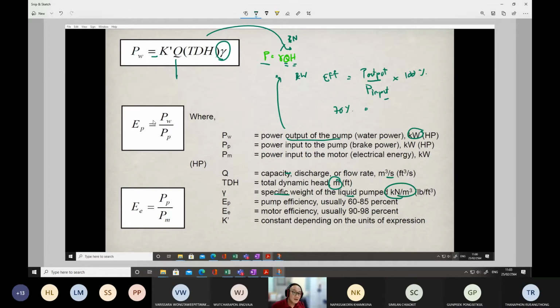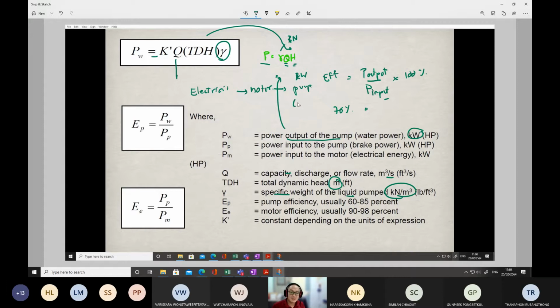But in fact, the system will actually acquire the power from the electricity transferred to the motor, and then from the motor, the energy is sent to the pump itself.